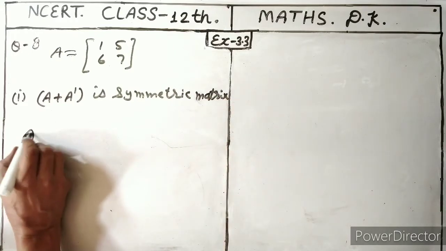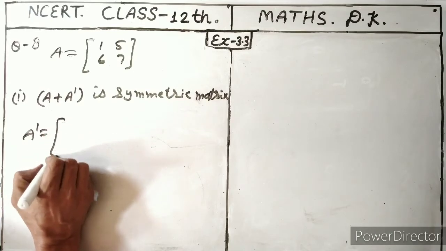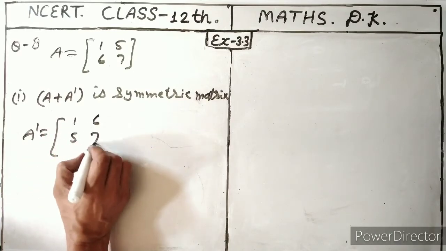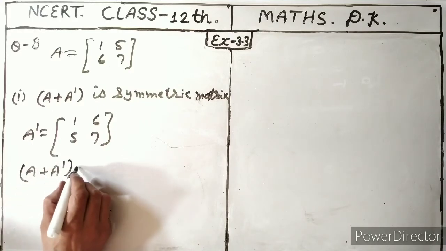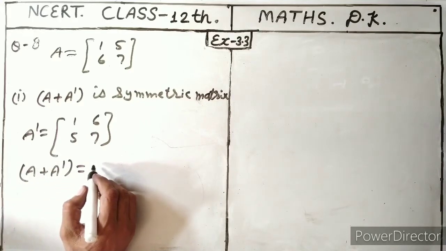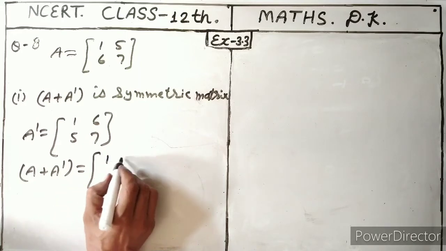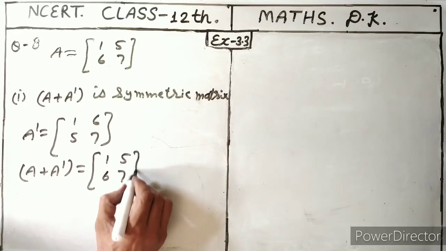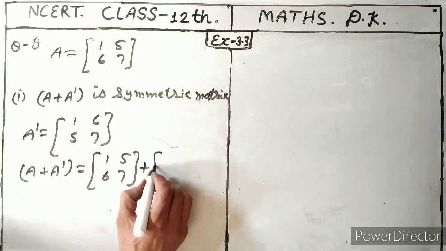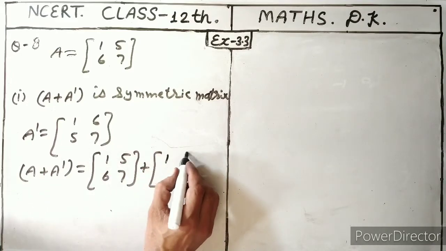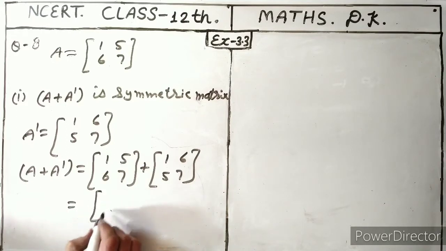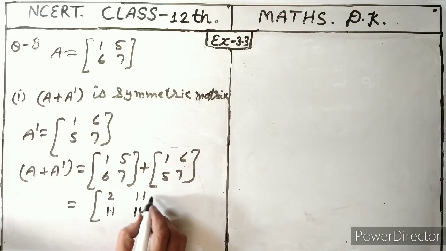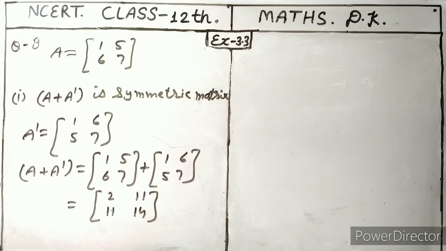Then A transpose is 1 6 5 7, and A plus A transpose: A is 1 5 6 7 plus A transpose 1 6 5 7. This is 2 11 11 14. This is A plus A transpose.